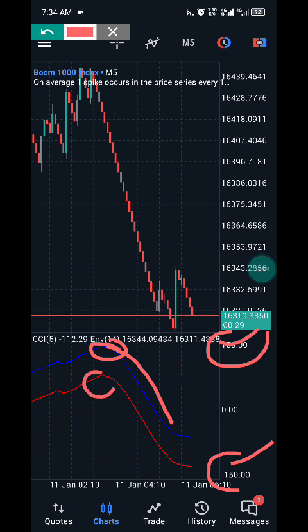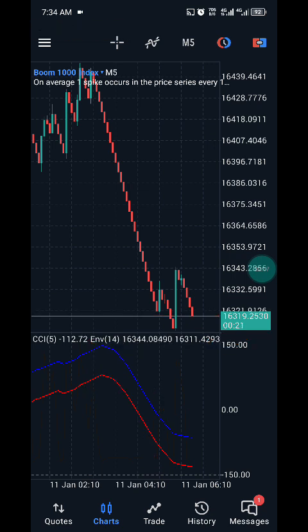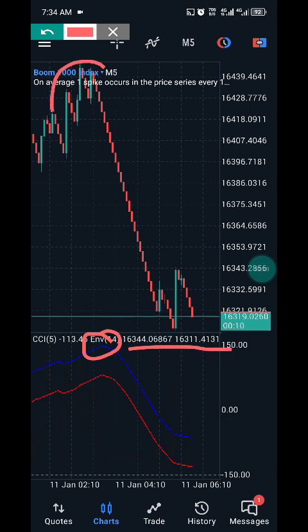We have our sell entry too. Anywhere you have the blue reaching up to the 150 level like this, let me show you guys, anytime you have your blue 9 reaching that level of 150 here, that tells us that we have a downtrend trade.